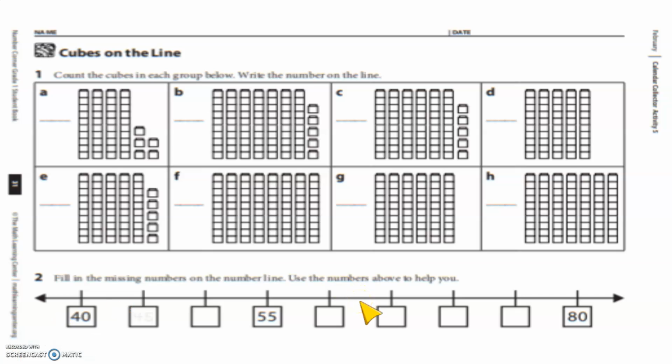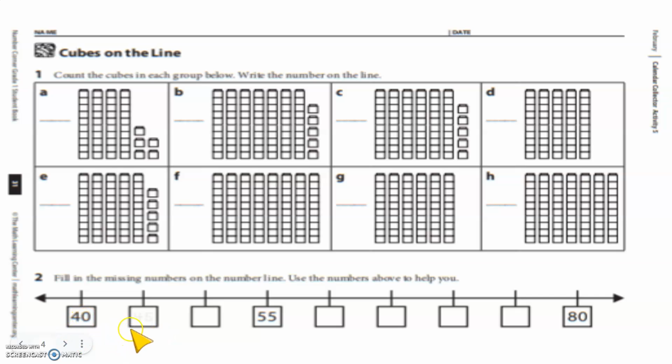After you do that, you have to fill in the missing number on the number line. There are a few numbers missing. We started out with the number 40 here. They actually wrote in the next answer for you. So if you have 40 here and 45 here, write the number 45 really bright so we can see what it is.